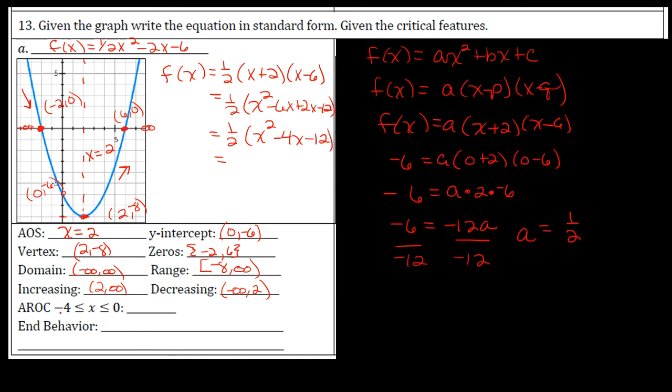Okay, our AROC from negative 4, which is way off the graph, to 0. So we need 2 points. We need 1 point where x is negative 4, and the other point is where x is 0. We already know when x is 0, our output is negative 6. Now we just need to plug in negative 4. I can plug in negative 4 to my equation to get the output. So I'm plugging in negative 4 for my x.